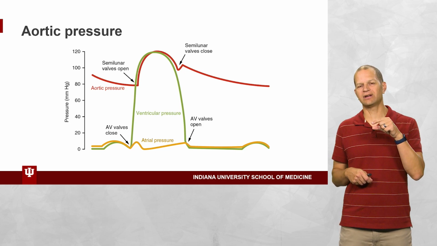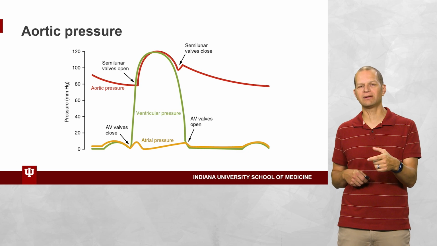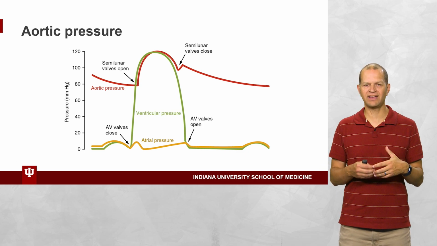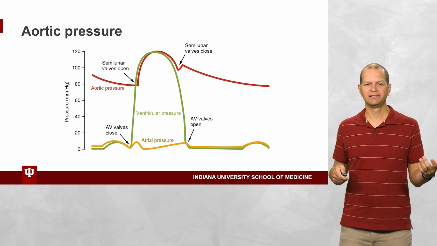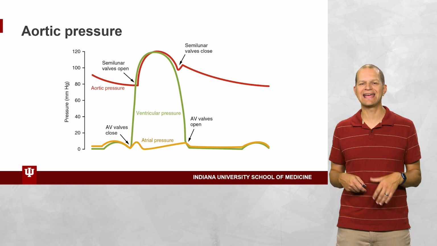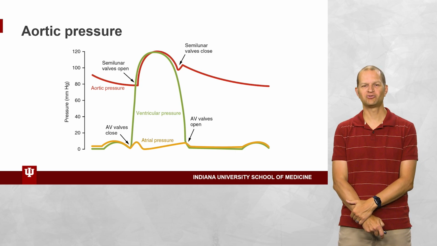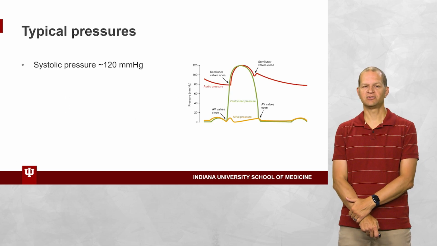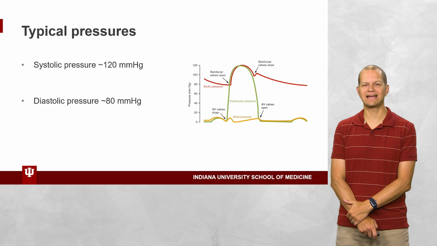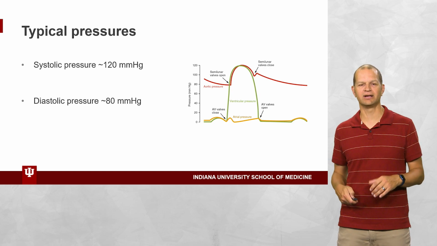We just need ventricular pressure to be a little bit above aortic pressure so that the semilunar valve, that aortic valve, is open. Notice that at its minimum, the aortic pressure is about 80, and at its maximum, it's about 120. That's where we get 120 over 80 from. So typical pressure is systolic 120, diastolic 80. I beat a dead horse on this in the video, but there you go.